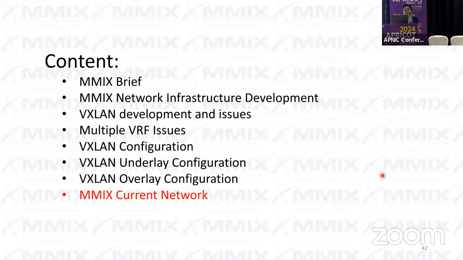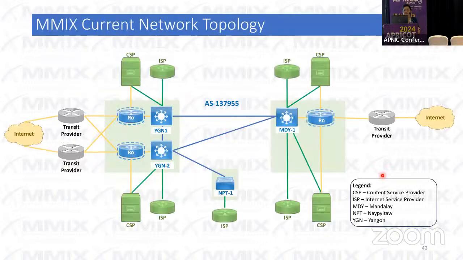Finally, I'd like to share MMI's current network. This is our network topology. I drew it as simple as possible so you can understand. We have two switches. This router is just a VRF inside this switch. It's talking eBGP with other transit providers.